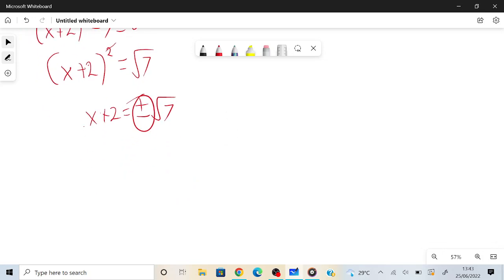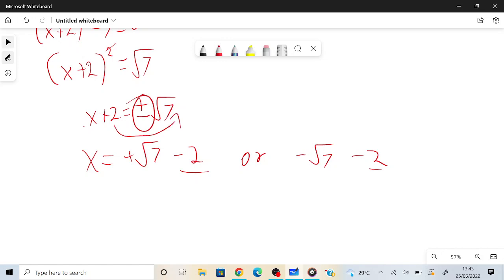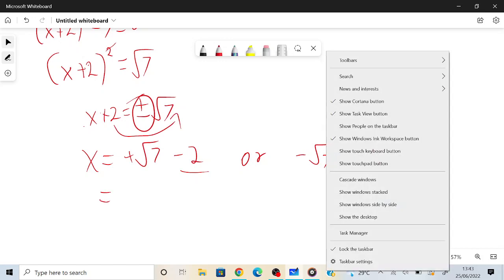And to solve this, you now know that your answer for x is either positive root 7 minus 2 or minus root 7 minus 2. Why minus 2? Because the 2 would go over to the other side and become minus.